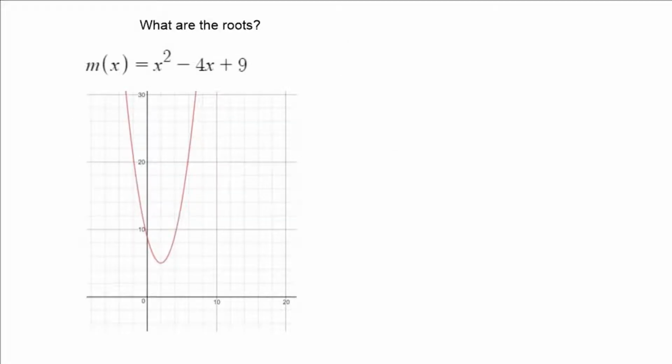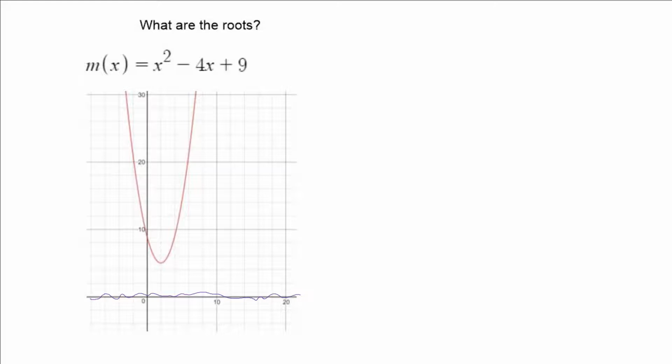Remember that roots are x-intercepts. When we graph x squared minus 4x plus 9, notice that there are no x-intercepts because it doesn't cross the x-axis. So here, this line does not get crossed. So there are no real roots for this function.